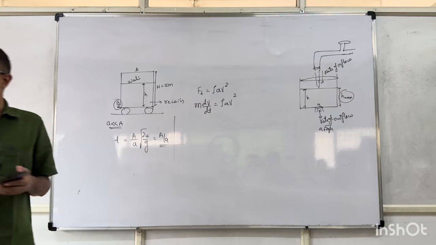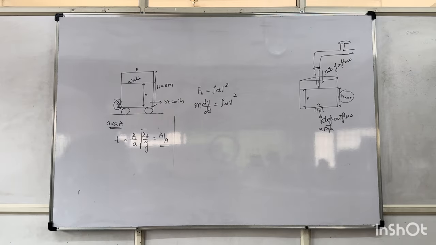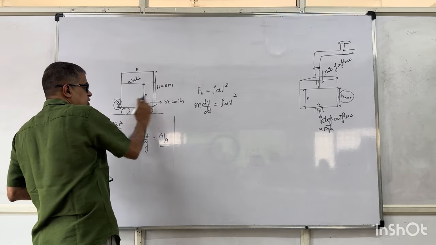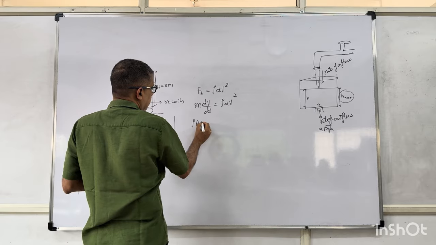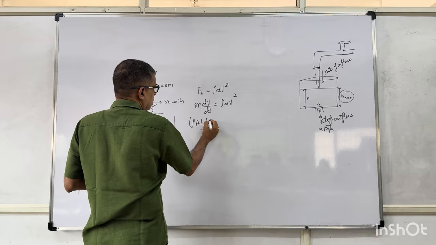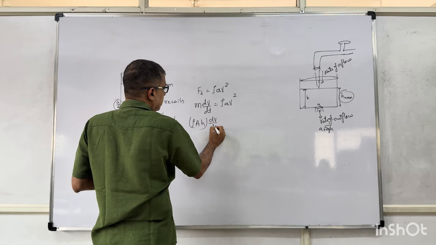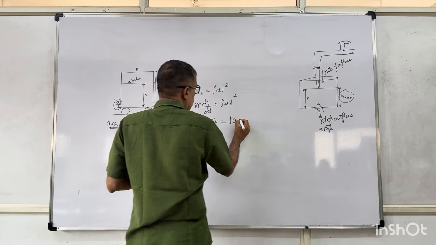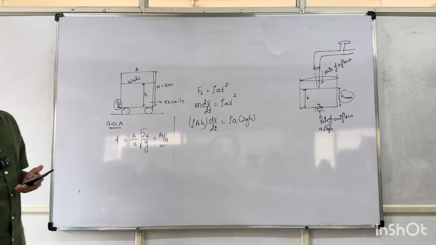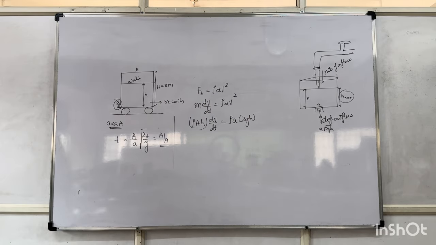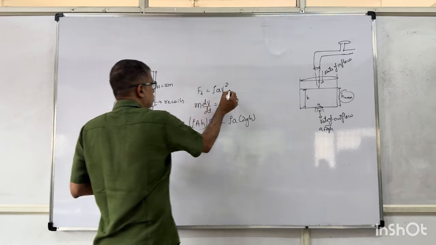The thrust force on it should be mass into dV by dt. How much will be the mass in that short time interval dt? Rho capital A into small h into dV by dt is equal to rho small a 2gh.